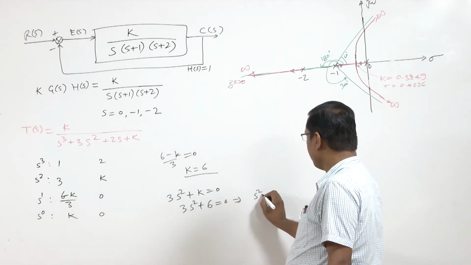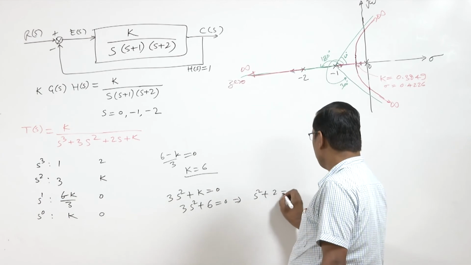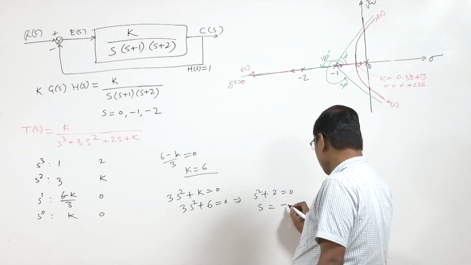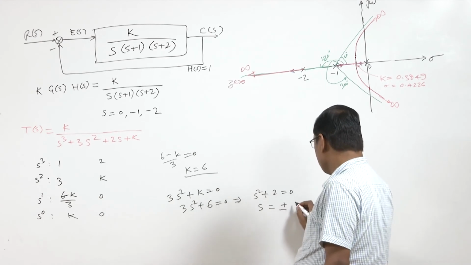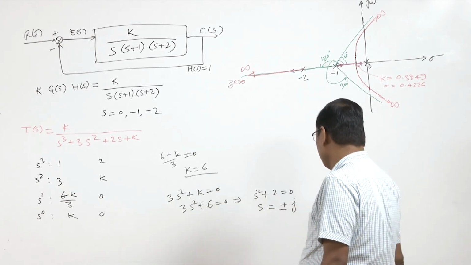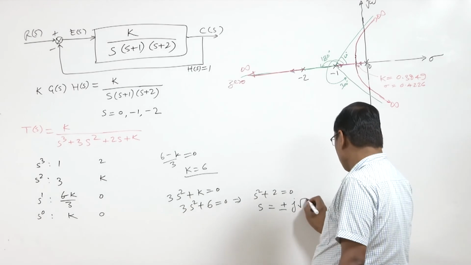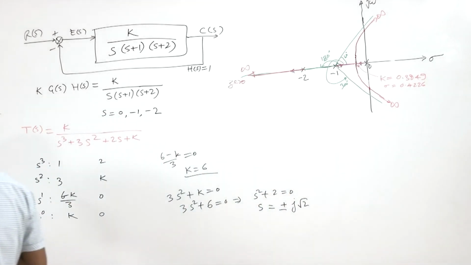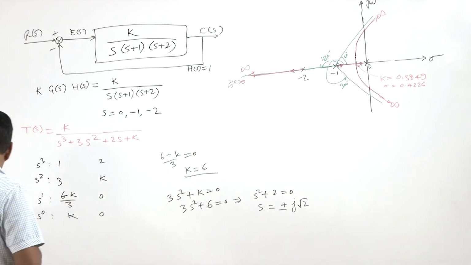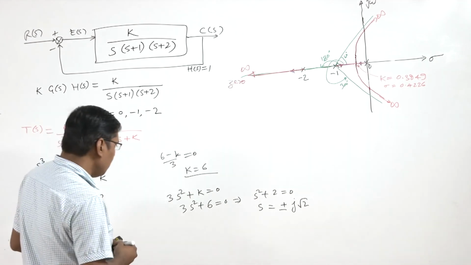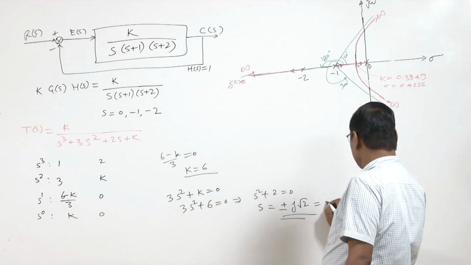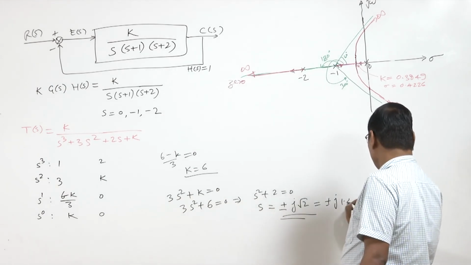This implies that s square plus 2 equal to 0. So, s equal to plus minus j root 2, or plus minus j 1.41.